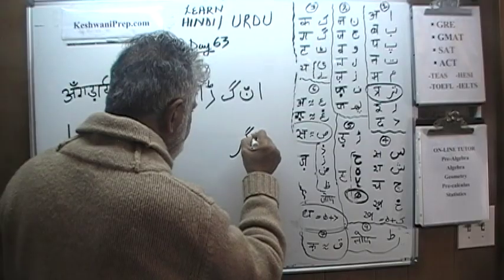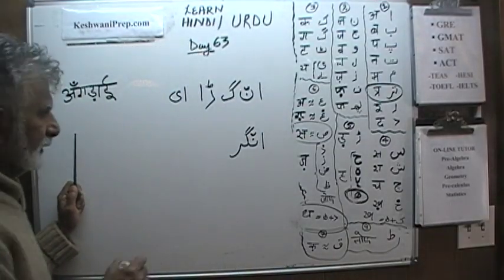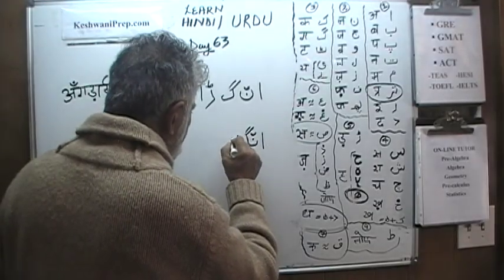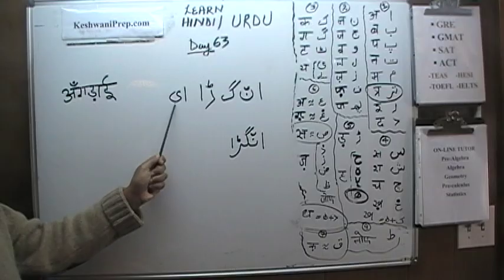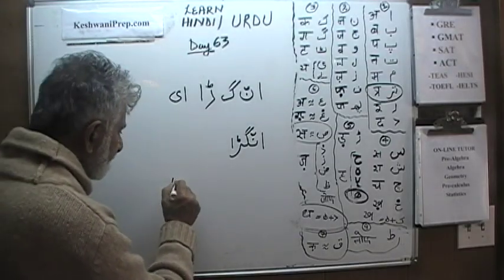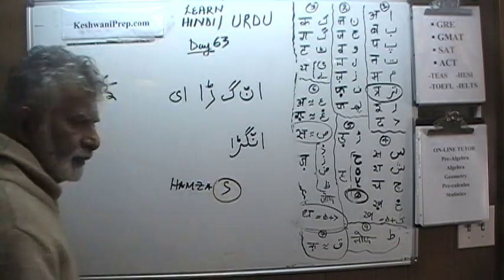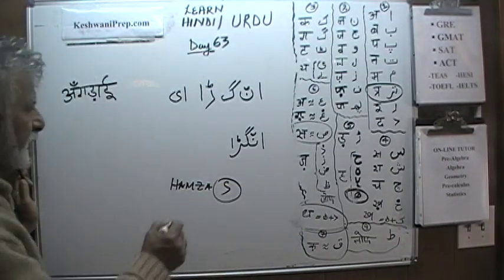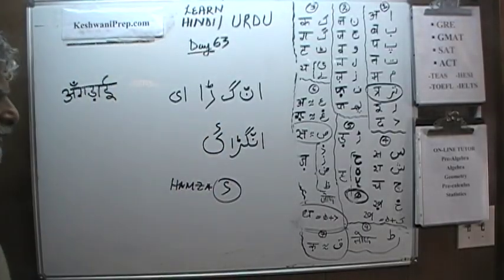And don't forget to put the symbol on top of it to remind ourselves that it's nasalized. Re, alif, and then when alif is followed by chotiye, or badiye, or wow, we know we have to use a symbol. Alif is replaced by something called hamza. Hamza looks like this. And you put that on top of the chotiye. So you make a line like this and make a chotiye, and now it reads angrai.